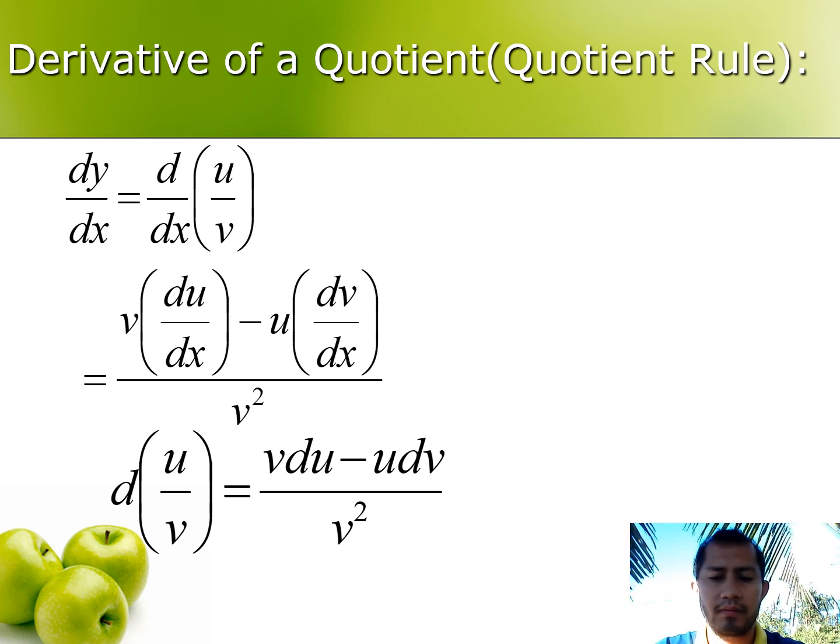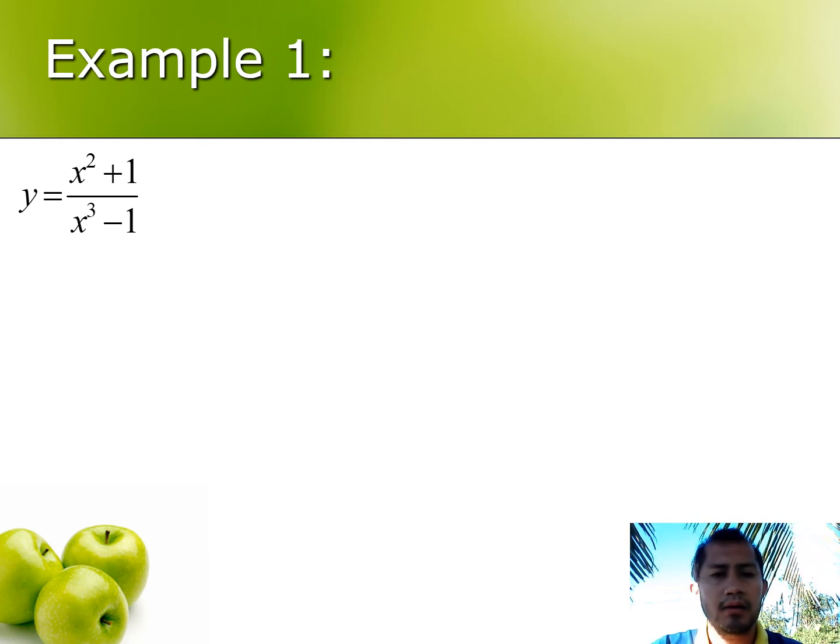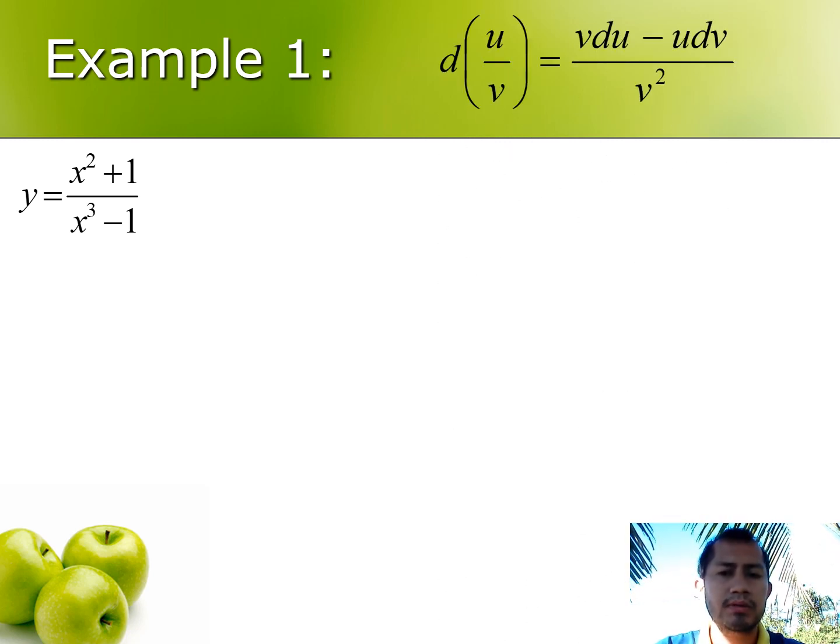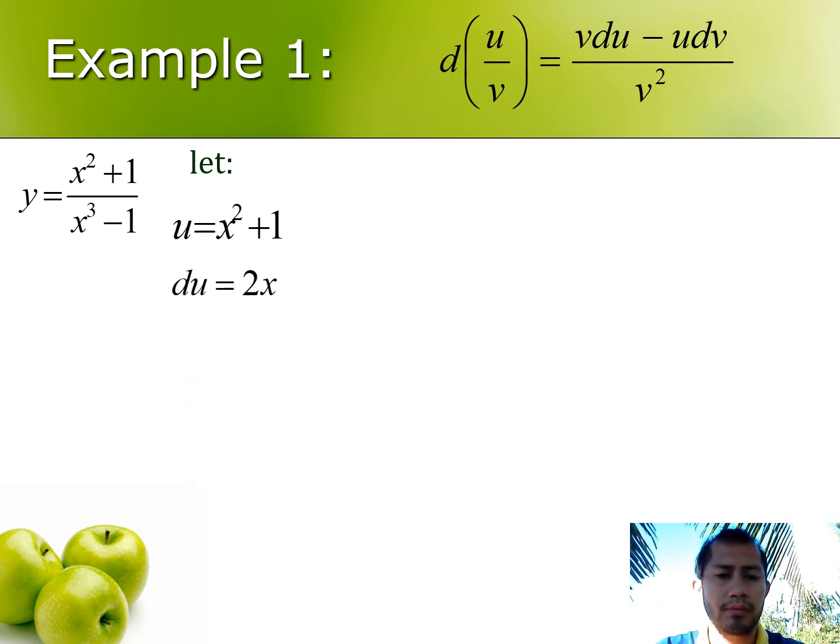Take note that v du means v times the derivative of u, and u dv means u times the derivative of v. Now, we have the given y is equal to x squared plus 1 over x cubed minus 1. We need to apply this formula. We let u be the upper part, the numerator, so u is equal to x squared and the derivative of u is equal to 2x.